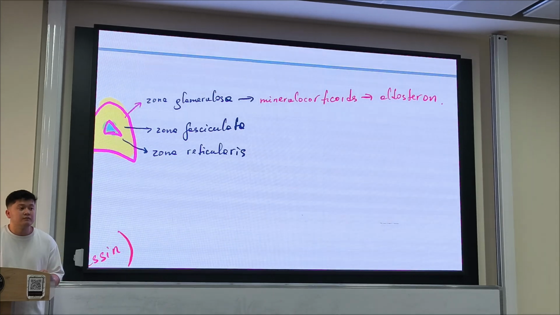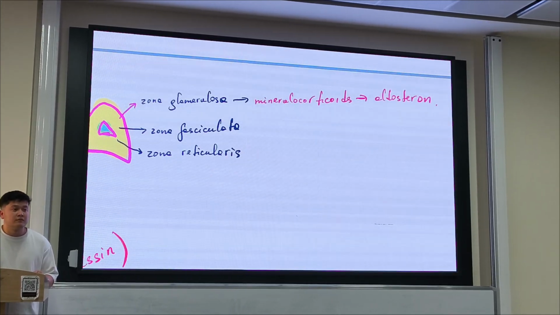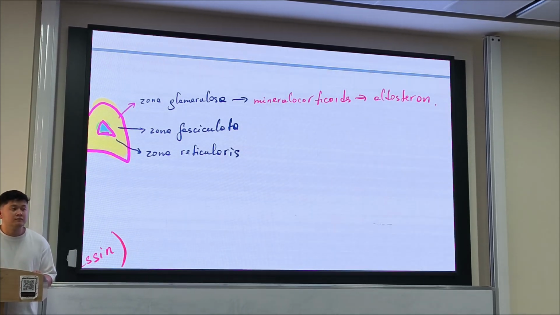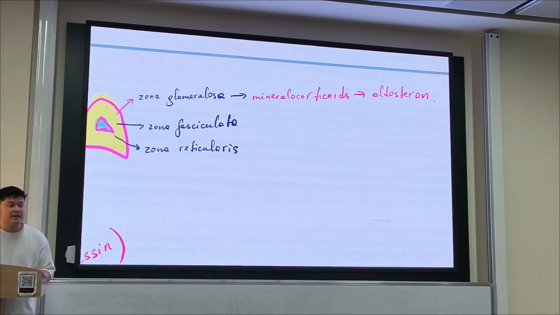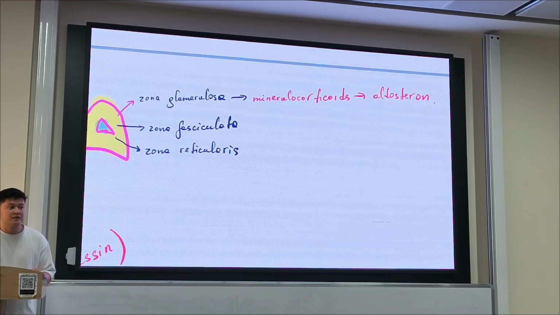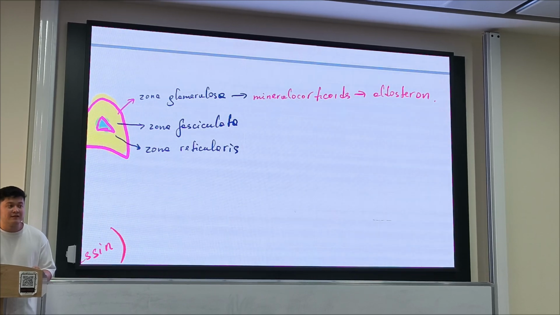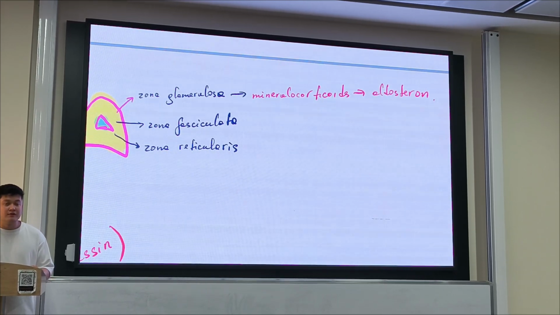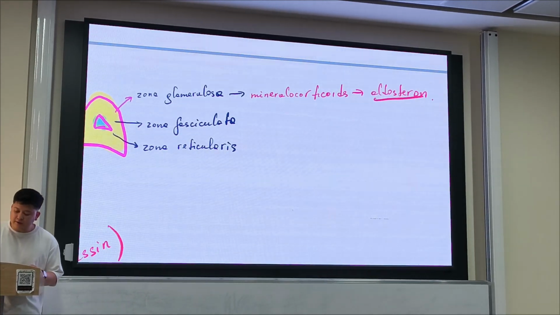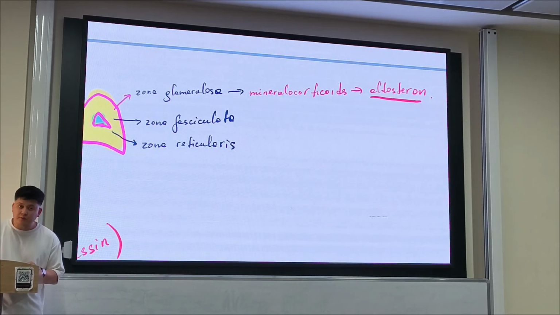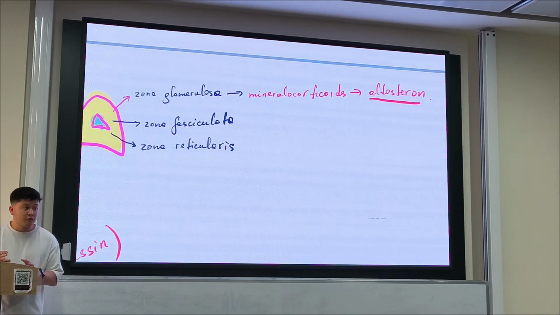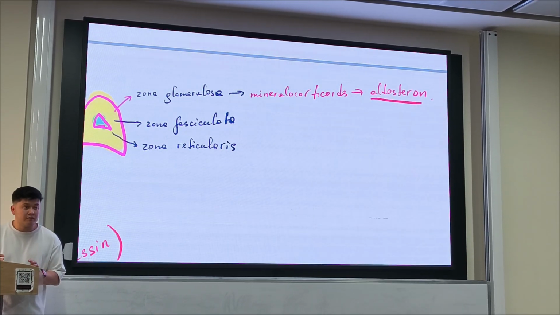Aldosterone from glomerulosa, from the lipids. Which lipids? From cholesterol. It's going to be synthesized from cholesterol. We have this lecture. Okay. Aldosterone is synthesized from cholesterol because the chemical formula is almost the same.